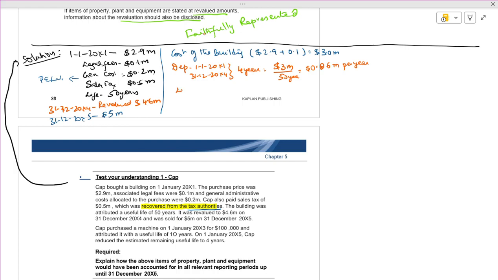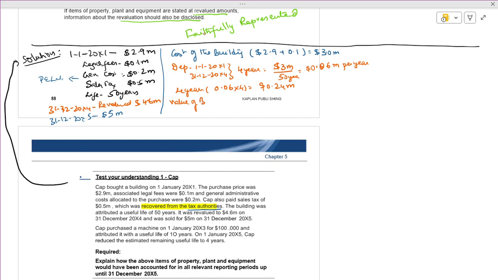For 4 years, 0.06 times 4, it comes to 0.24 million. It is in dollars. Is it right? 0.24 million. Now, value of building.